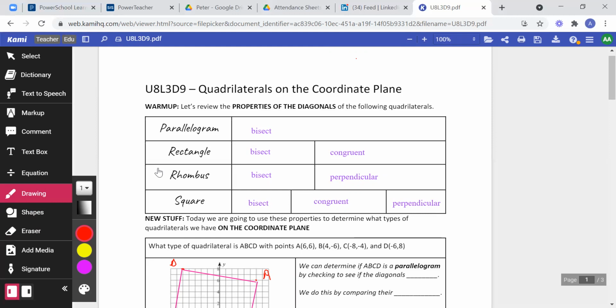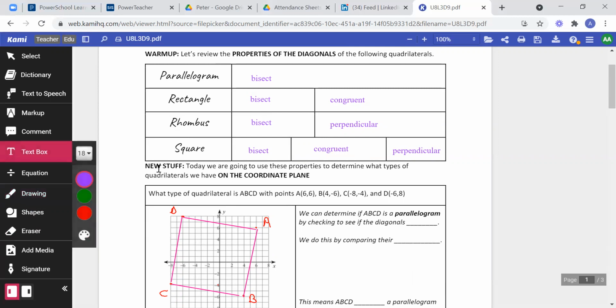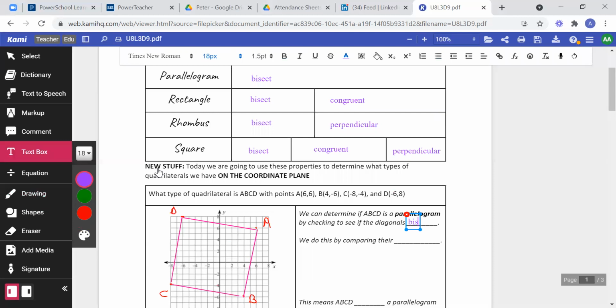So let's verify the condition for parallelogram by checking the diagonals, okay? That's why the statement said we can determine if ABCD is a parallelogram by checking to see if the diagonals do what? The diagonals bisect, okay? So to verify if a 4-sided figure is a parallelogram, make sure you just verify if the diagonals bisect, okay?